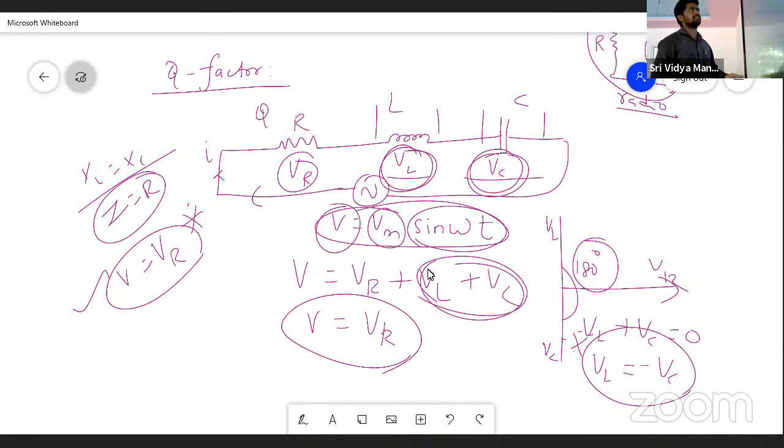And what do you mean by quality factor? Quality factor is nothing but how many times the voltage across VL and VC is multiplied, or how many times it is greater than the applied voltage.